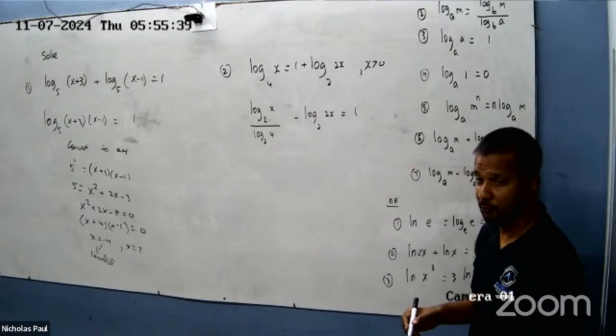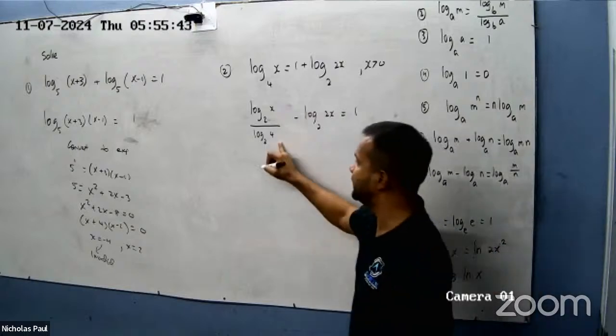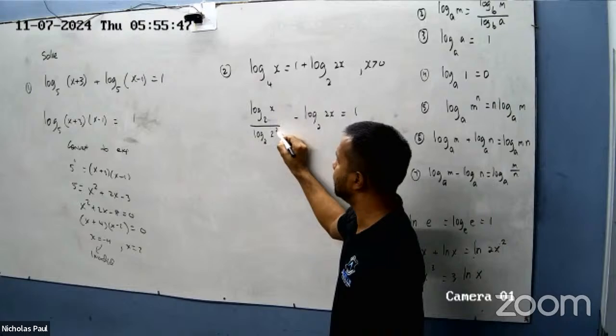One second. I just write in one thing here. Instead of 4, I write in 2 squared.